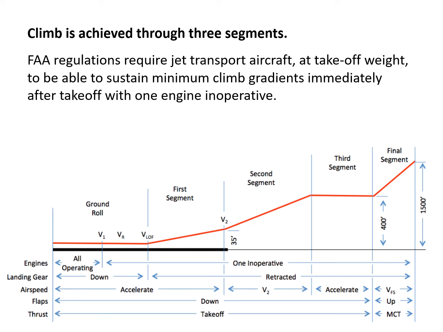That's the second phase. The third segment is level flight. And finally, it goes usually from 400 feet to 1500 feet. So those are the segments of the climb.